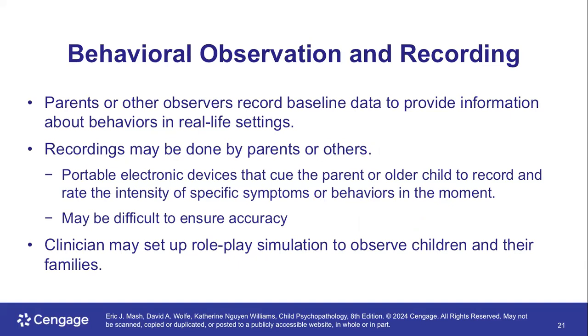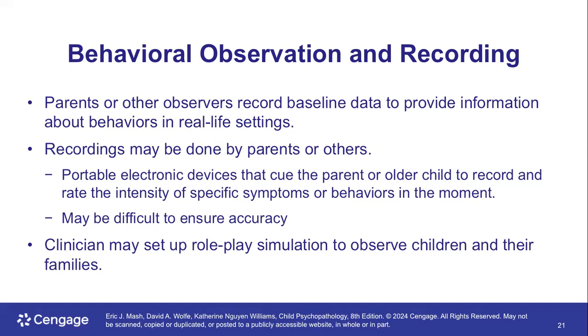Now, we also can encourage behavior observation recordings, and we talked a little bit about this. We might invite parents or other people to mark baseline data. So we would say, okay, what's going on with the child before treatment? How often are they being aggressive during playtime or recess?